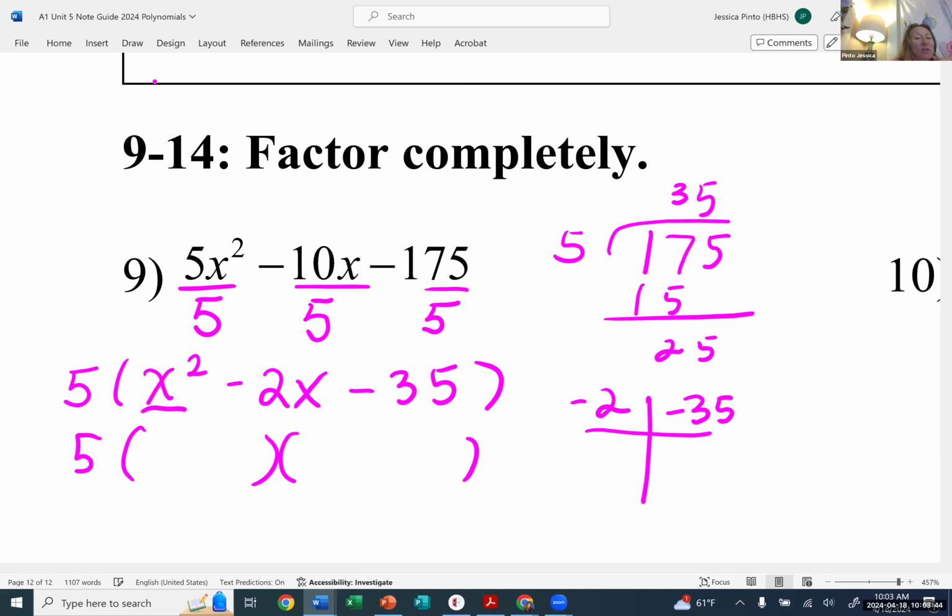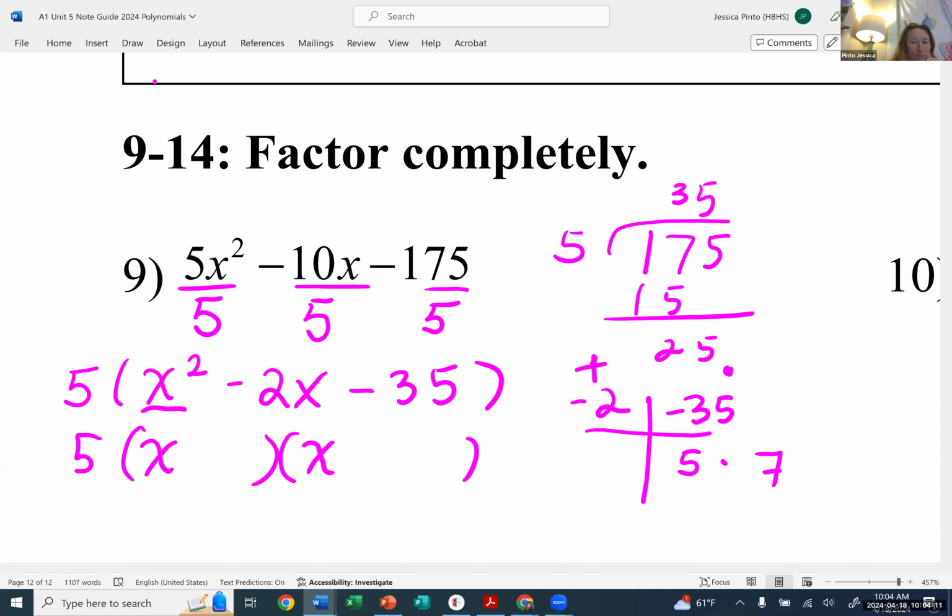Because this is just x squared, it's just going to be x times x. What are the numbers that we think of that multiply to 35? I think of 5 times 7. I wanted to multiply to negative 35, so one of these numbers needs to be negative, and I wanted to add to a negative 2.